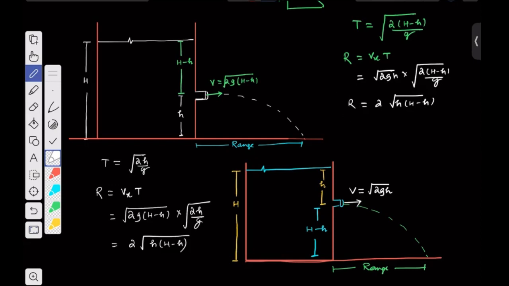So what you find is that for the openings made at same distance from the bottom and the top surface, the range is going to be same.